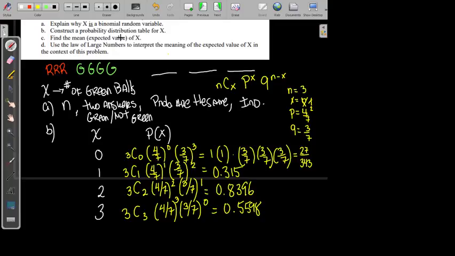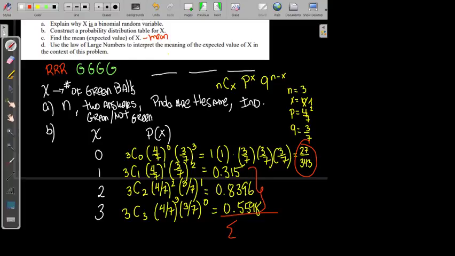The expected value means mean. You need to multiply this? No, it's already been done for you. The only thing you have to do is add all of these 4 units. If you add all of these 4, it already gives you the mean. This is a distribution table like this. This is probability.